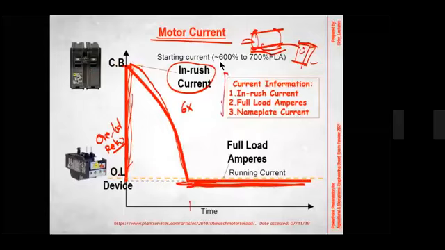So how many current values do we encounter here? Number one, we have the inrush current, which refers to this spike right here. The full load amperes is the running current, and the nameplate current is the current that you can see on the nameplate of an electric motor.